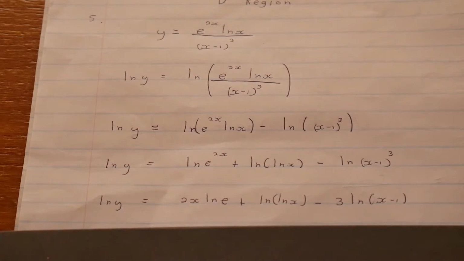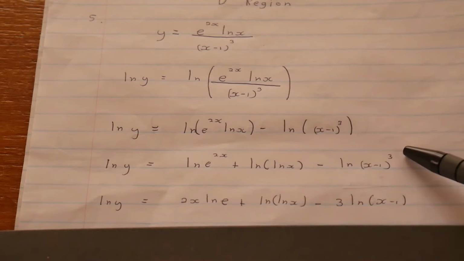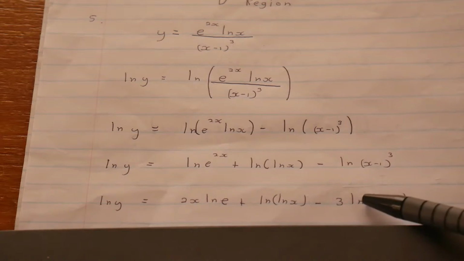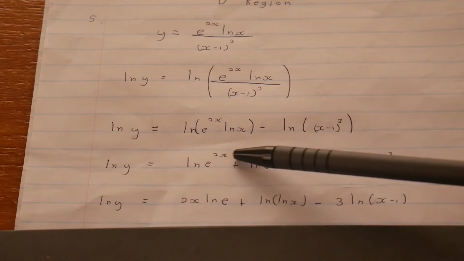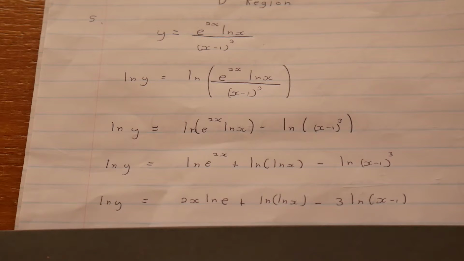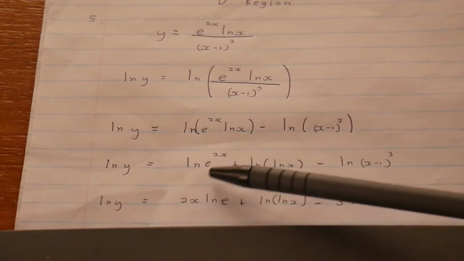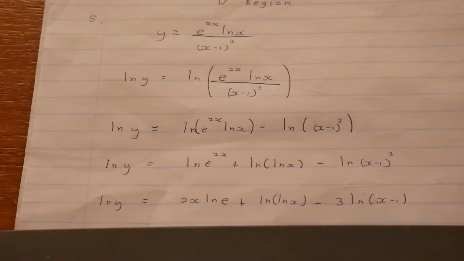And here, well, I don't always do this. It doesn't really matter if you do this though. I apply the rule log of x to the n power is the same as n log x. And I did the same thing here. I put a 2x in front. If you don't do this rule and you put 1 over e to the 2x multiplied by e to the 2x times 2, you'll get the same answer. Same thing for this step.